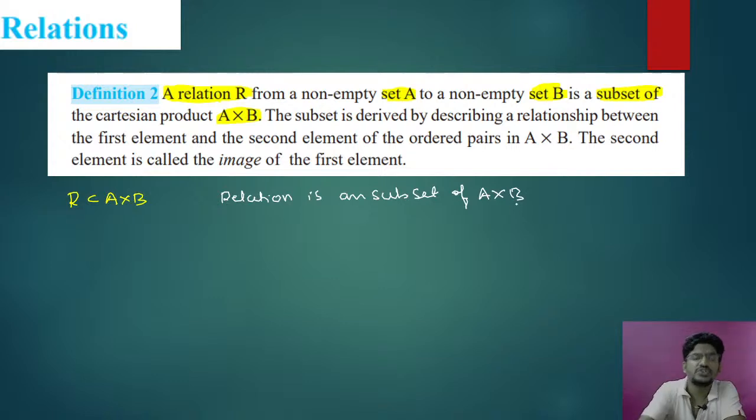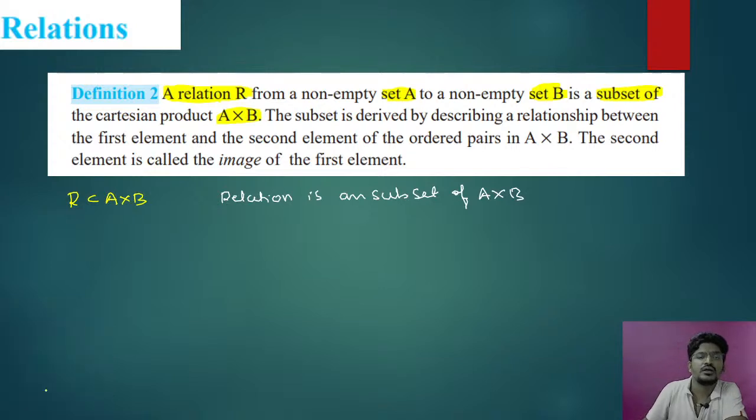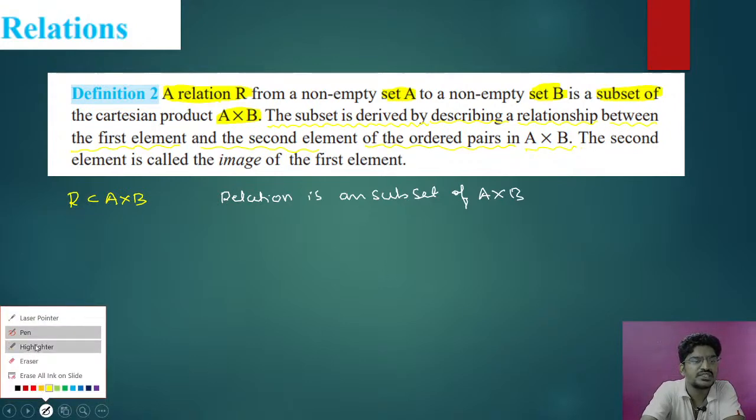Okay. Next, you just see what they explain again. They explain again that the subset is derived by describing a relationship between the first element and the second element of the ordered pairs in A cross B. This is very important. Please understand this carefully.